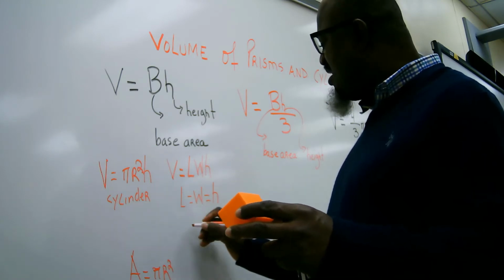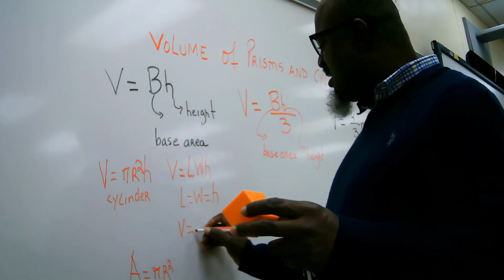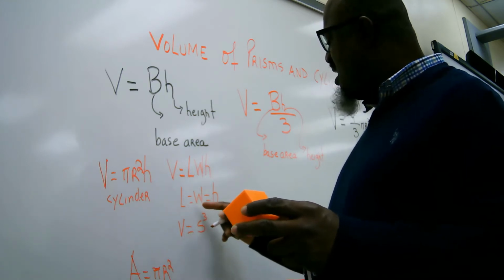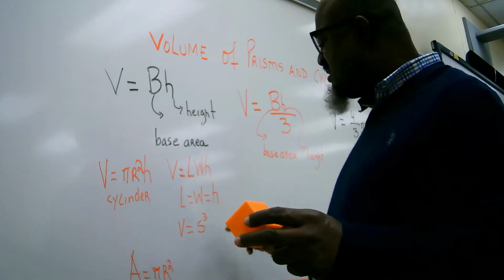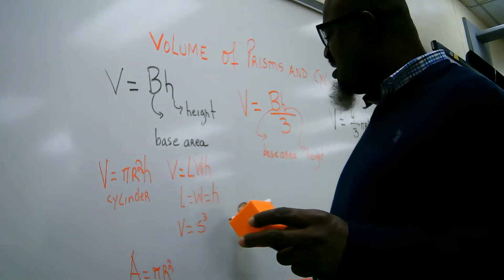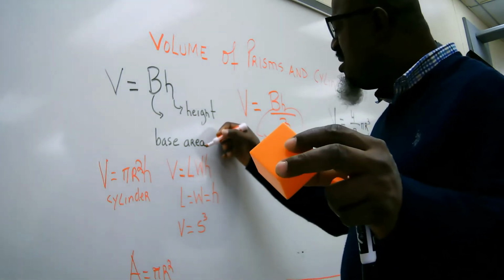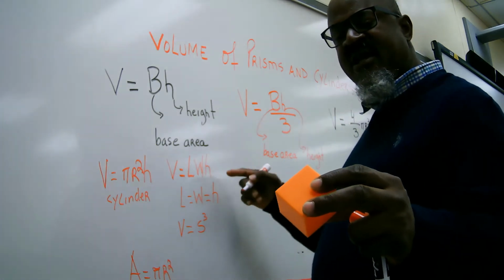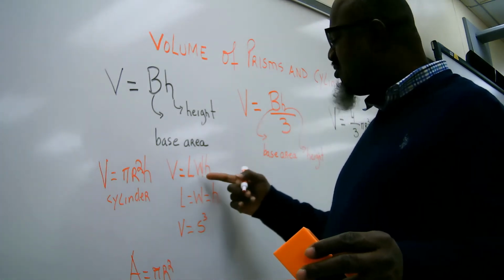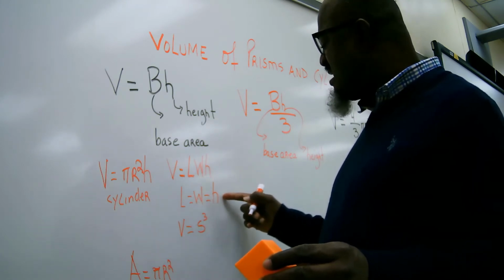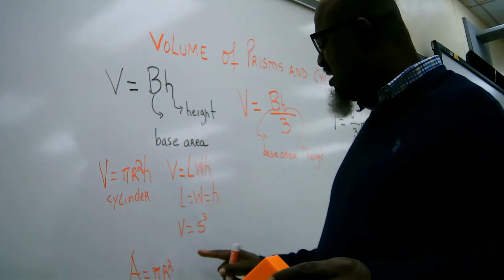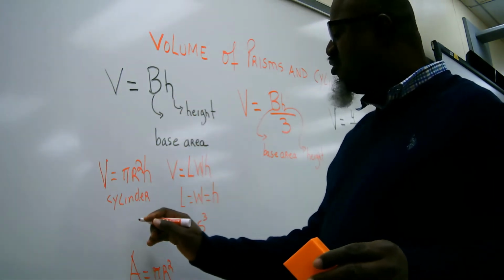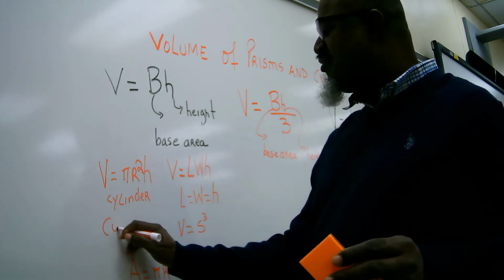Therefore, the volume of a cube is S squared times S, S for side, or L cubed, W cubed. All of these sides are the same, so you're going to cube whatever it is. The volume of a cube is L to the 3rd power. You have to cube one of the sides. S in this case stands for side. So you can use this formula for a cube.